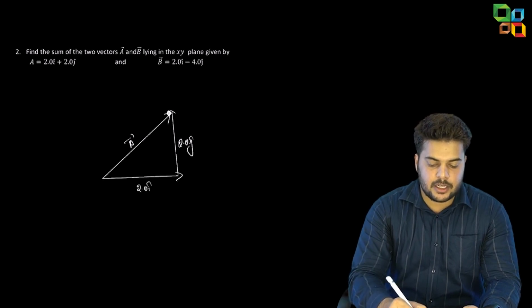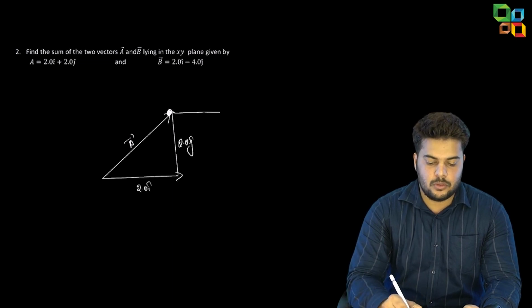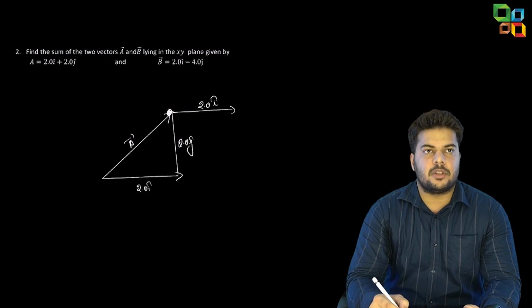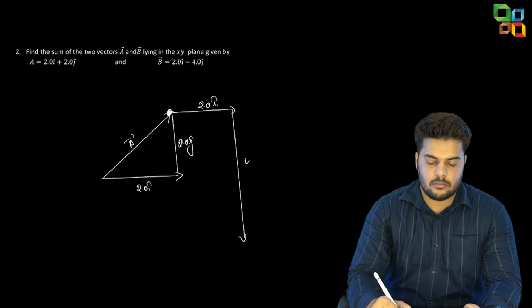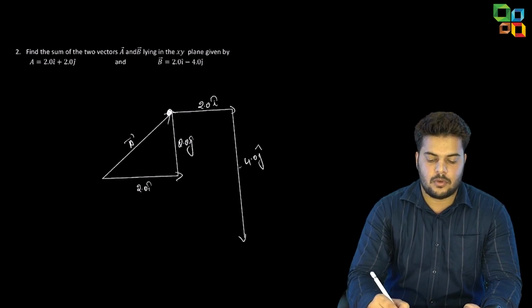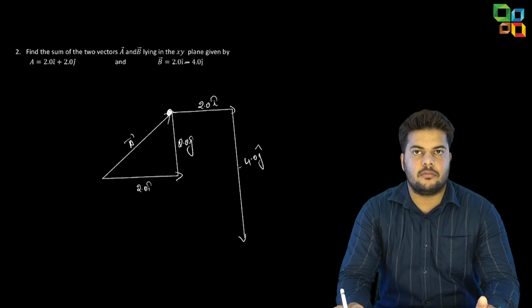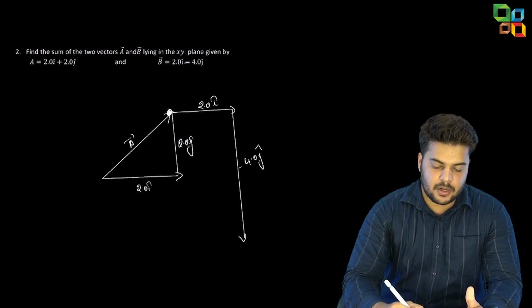We'll start writing vector B from this point. It is 2 steps eastward, 2 steps eastward, and 4 steps downward. So from here you come 4 steps downward. Whenever I see the negative sign, for me that means downward or opposite. So this is the B vector.